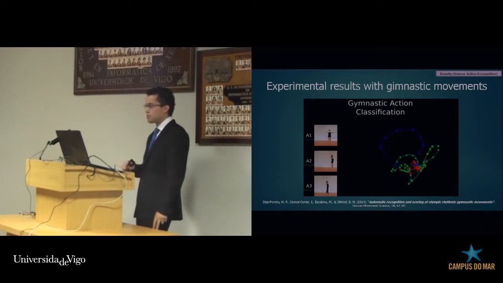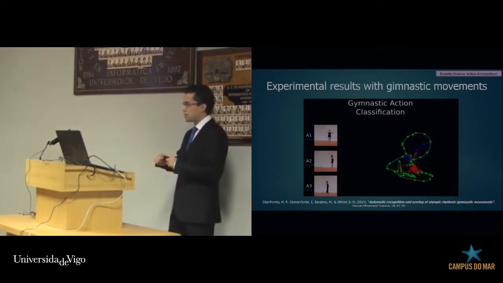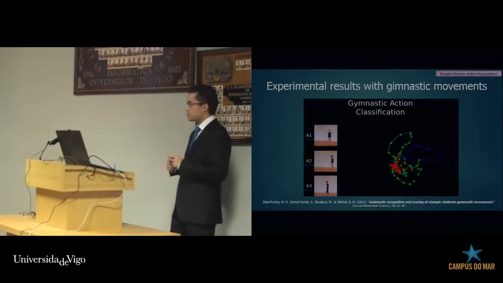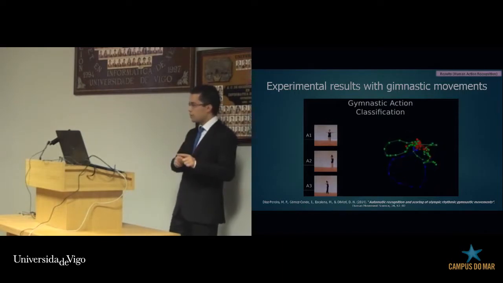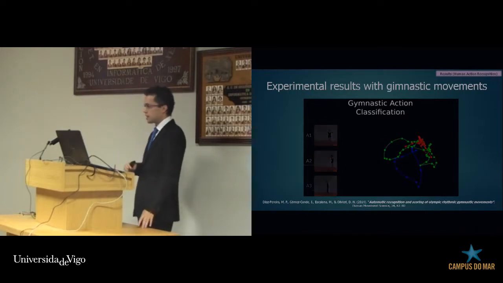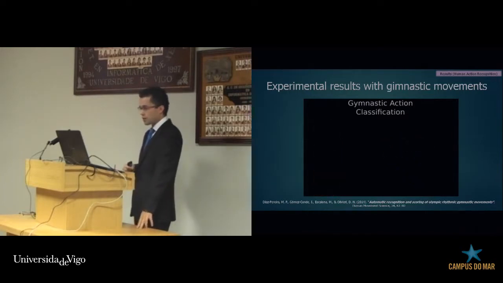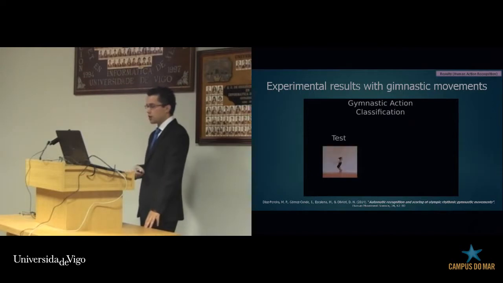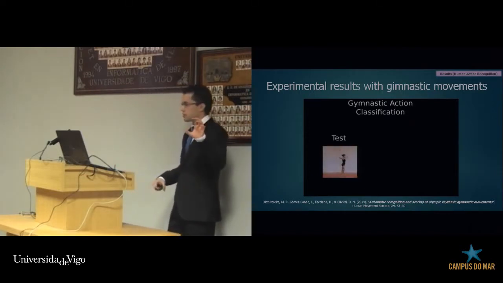So you can see very well that the projection in this space is really similar to the trajectory of the same exercise done by the other girl. So here, for example, I think it's a jump. Yeah, it's a jump. So now you have a new video, your space is created.